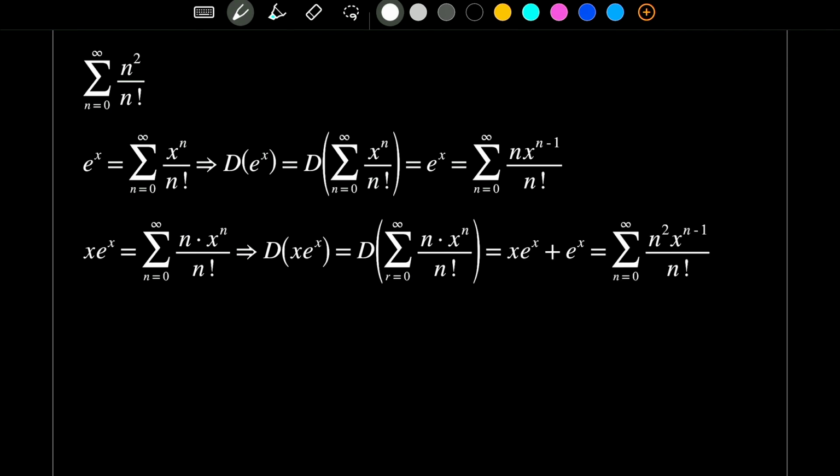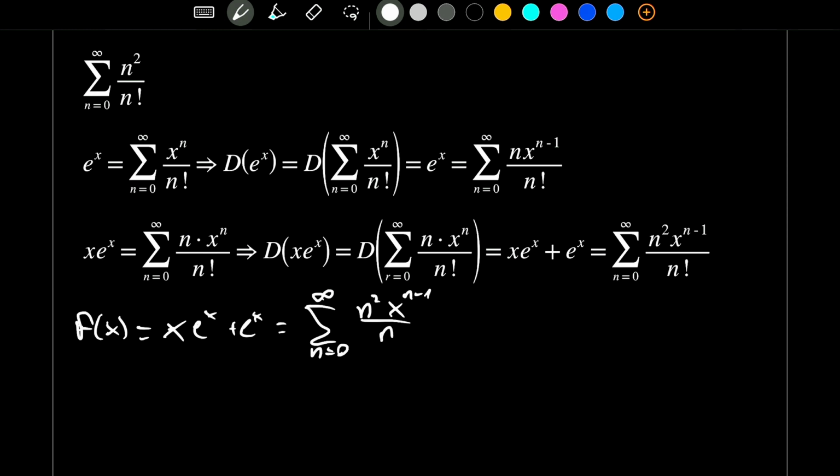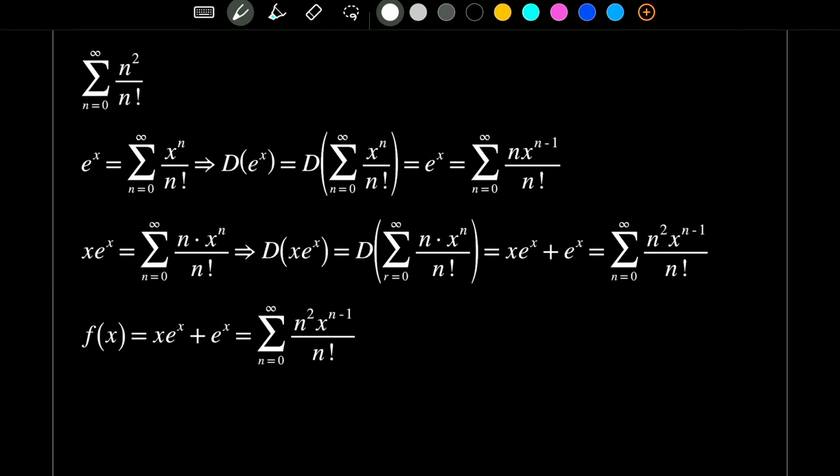Now we've got this function, which we could call just f of x, which is going to be x times e to the x plus e to the x, and also, of course, equal to the infinite sum from n equals 0 up to infinity of n squared times x to the n minus first power all over n factorial. So we've got these two expressions for the same function.